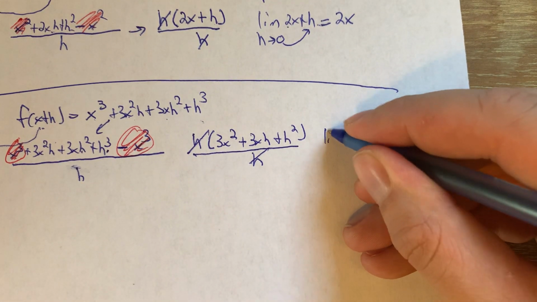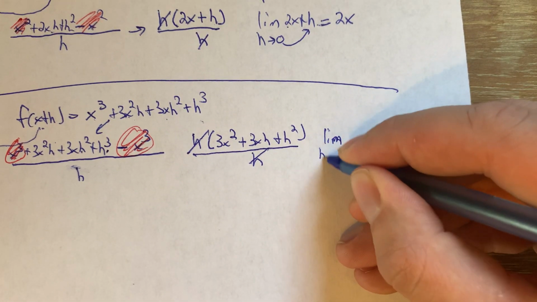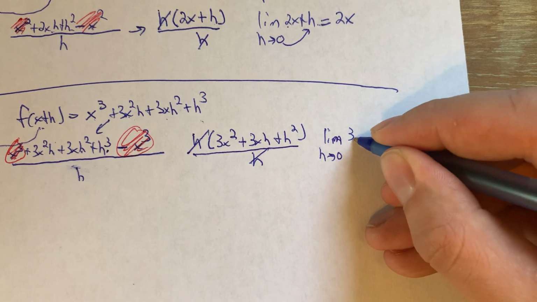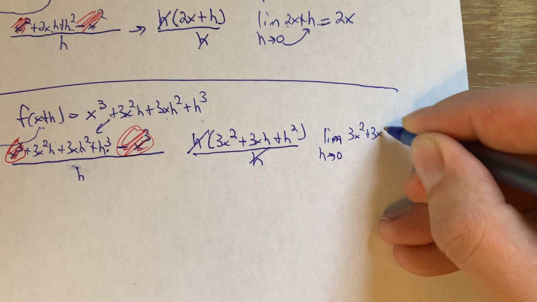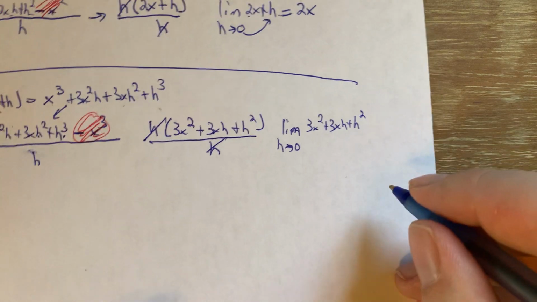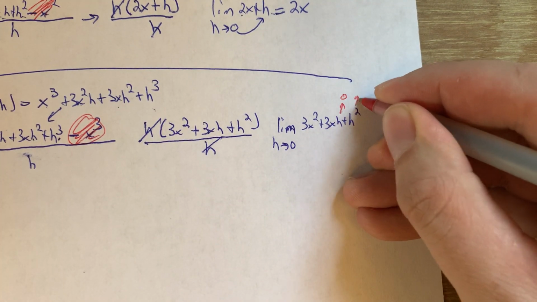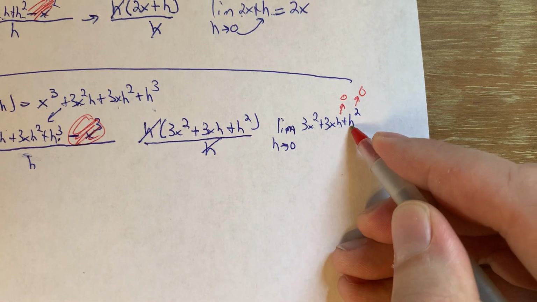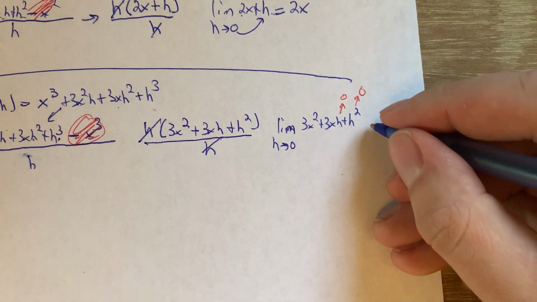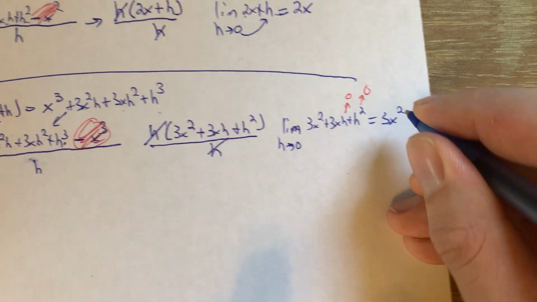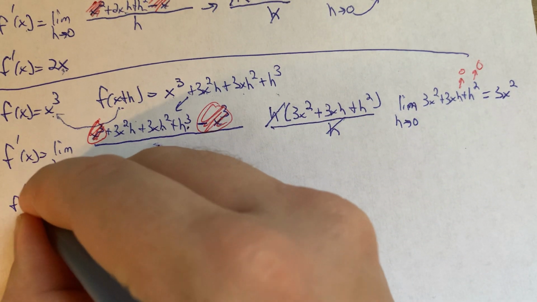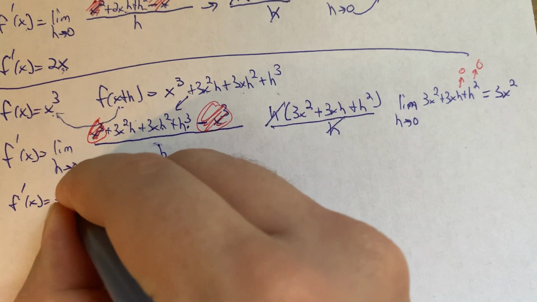And now I'm doing the limit as h goes to 0 of 3x squared plus 3xh plus h squared. And all the things with h in it will go to 0. So 3x times 0 is 0, h squared, 0 squared is 0, and so we just get 3x squared. So the derivative is 3x squared.